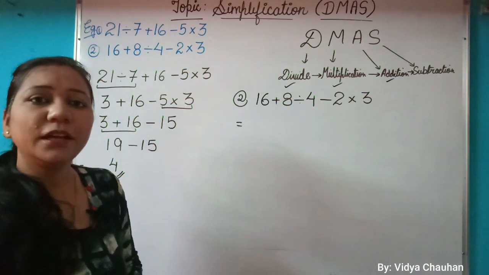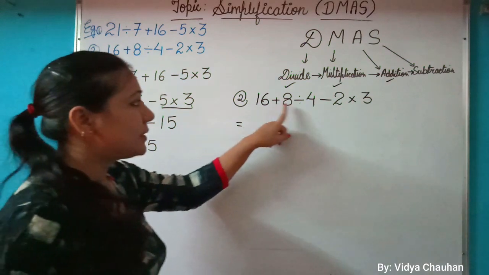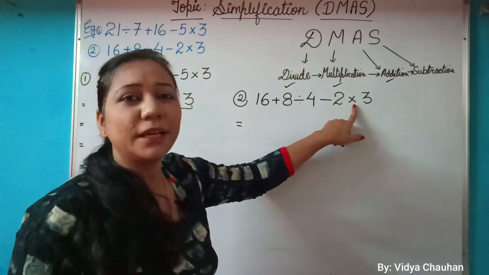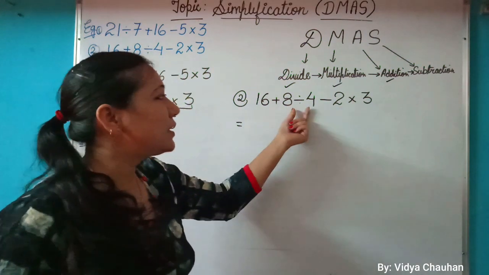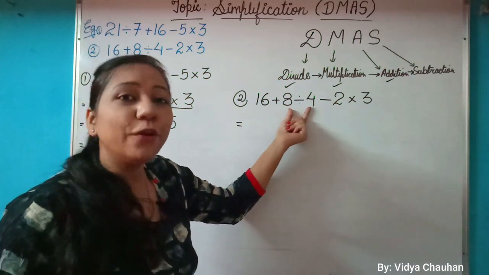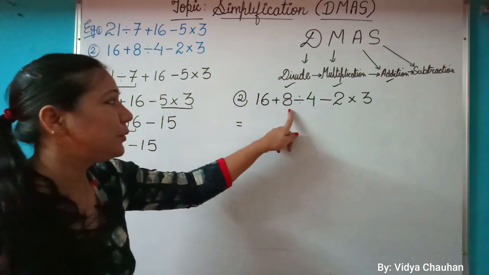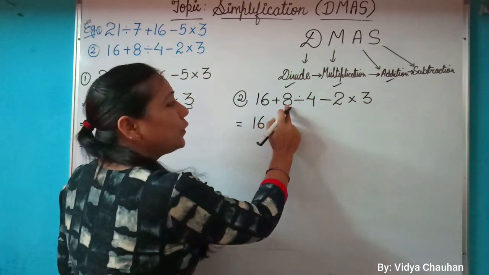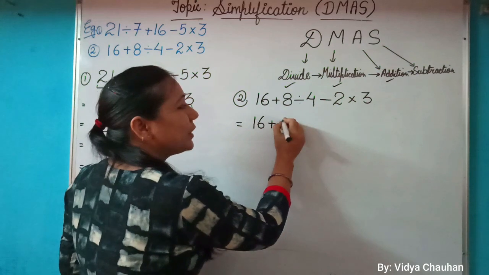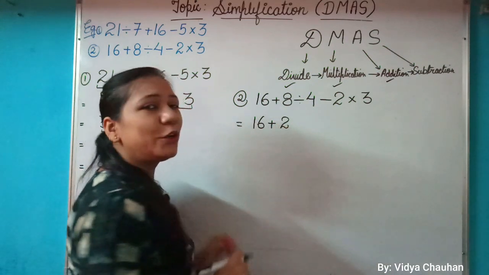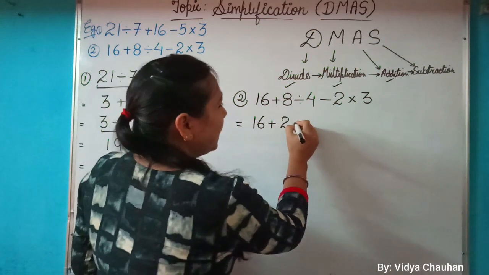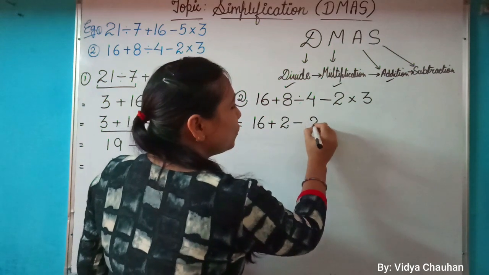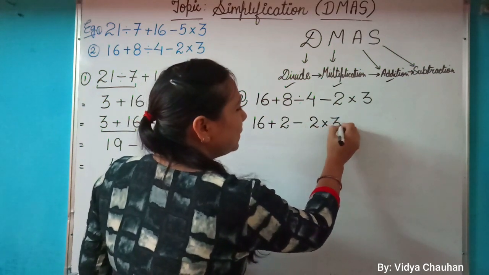Once again we have the operations plus, divide, minus and multiply, but according to the rule, first of all we will perform division. So 16 plus, what is 8 divided by 4? Yes, the answer is 2. Minus 2 multiplied by 3.